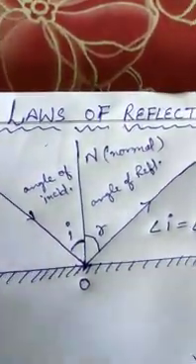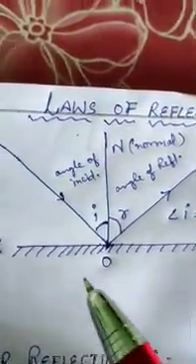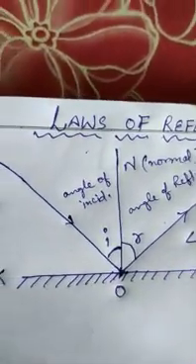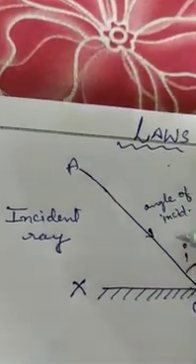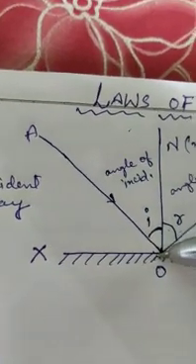First of all, the reflecting surface is the smooth, shiny surface which reflects the light. Second is the incident ray. This coming ray is known as the incident ray. AO is the incident ray.